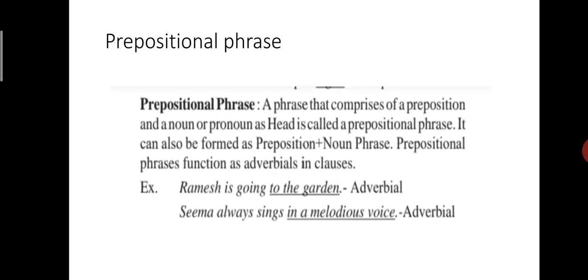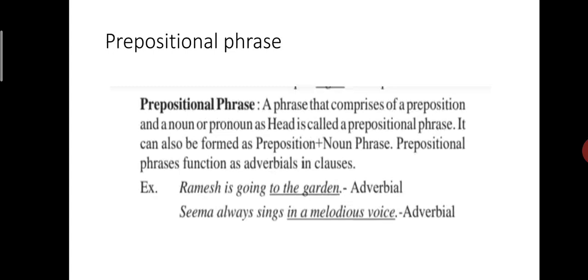How is it adverbial? In is a preposition and a melodious voice is a noun phrase, where melodious is an adjective. So it is called an adverbial. Prepositional phrases most of the time function as adverbials in clauses.